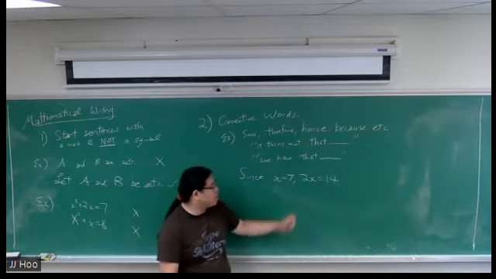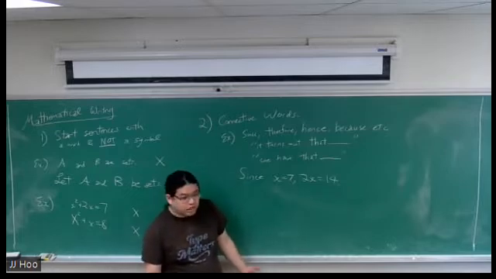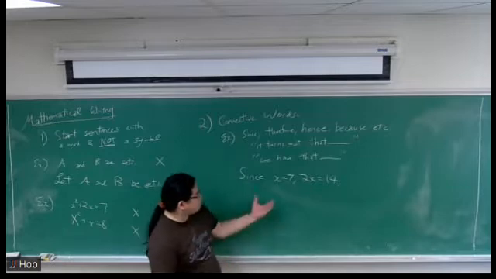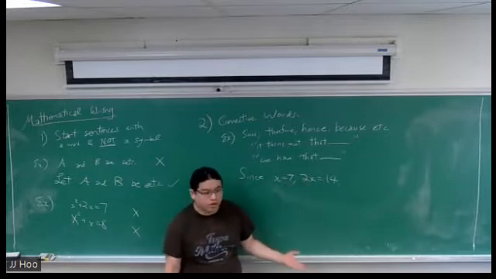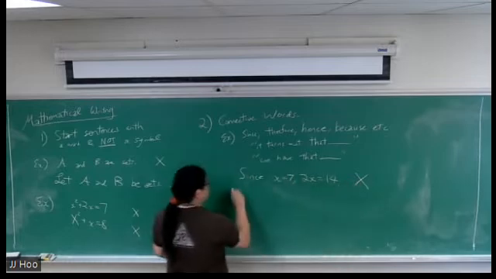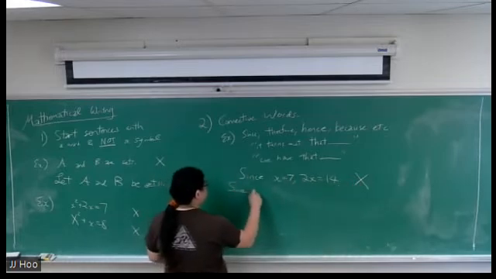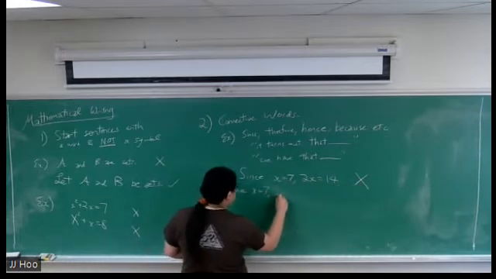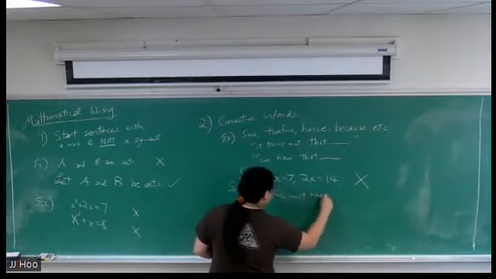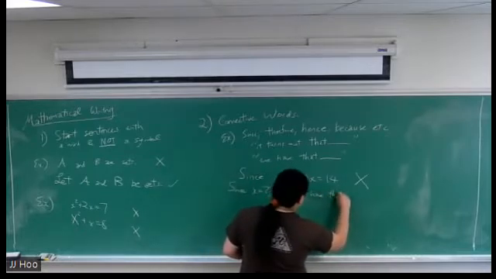But notice how the comma can make it confusing. Am I saying since this, then this is true? Or am I saying since these two are both true together? What am I trying to say? So don't say this. Say something like, since x equals 7, we must have that 2x equals 14, or something like that, right?